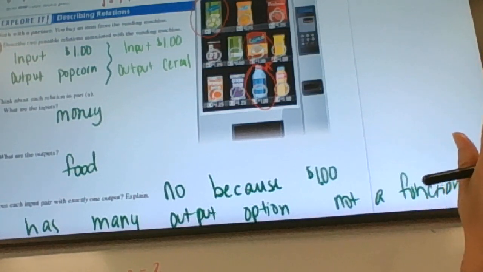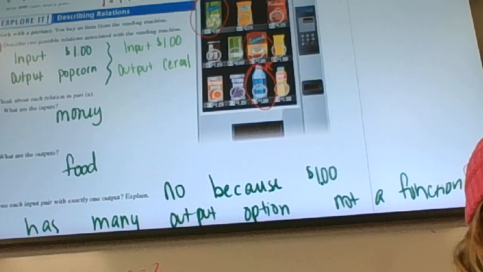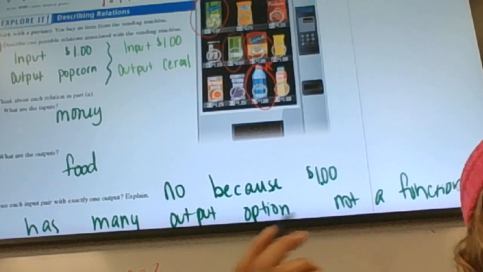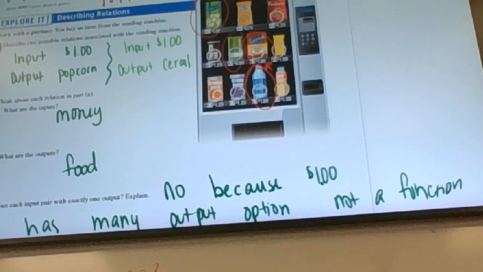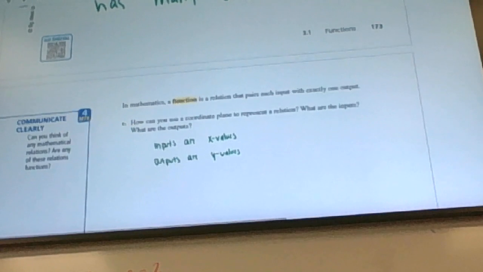Oh yeah, there's way more options. And then you could get the 2 granola bars. You could also get 75 cents and get change back. Totally.